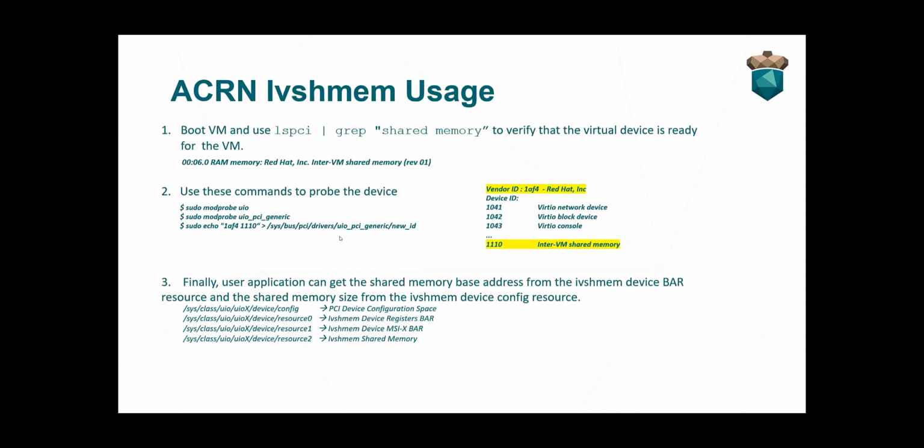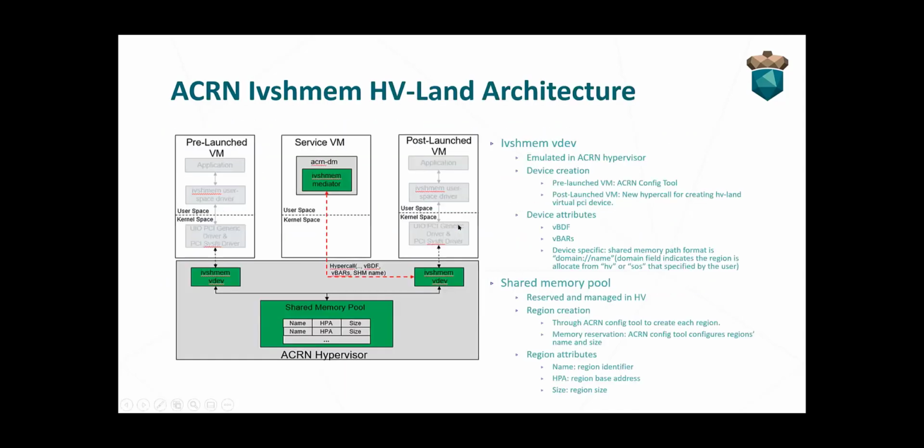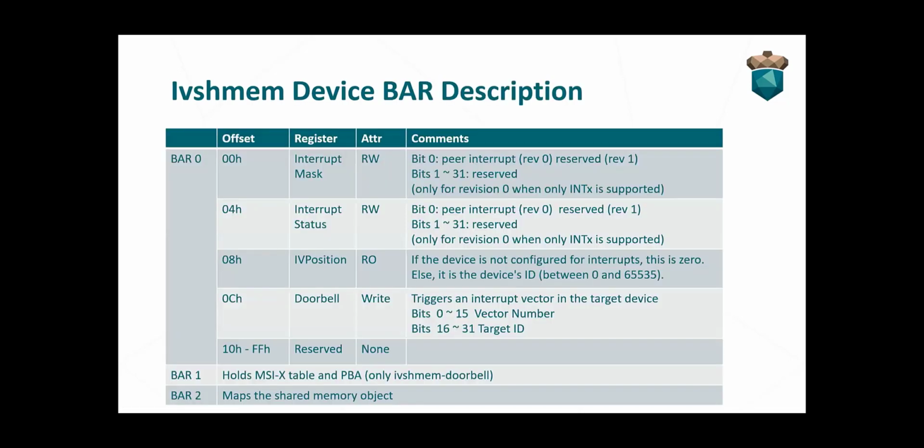In this slide, there is a register. So this BAR can be mapped to the user space application, and the user application only needs to write a DWORD to this 0x0C register.